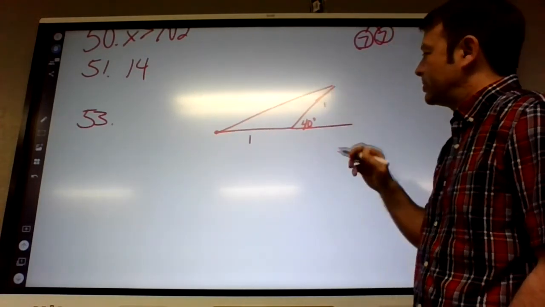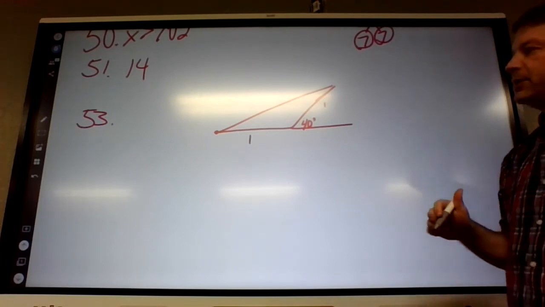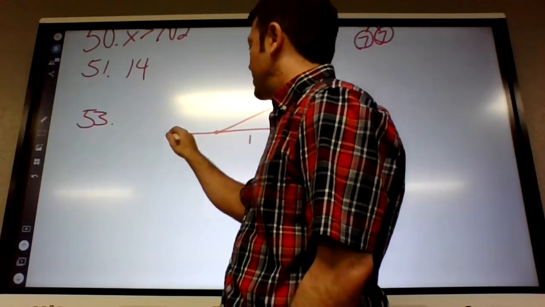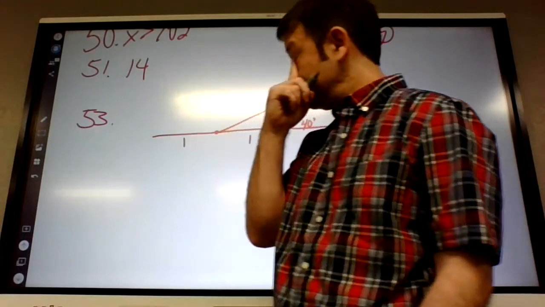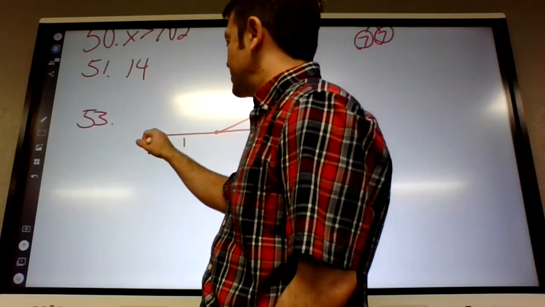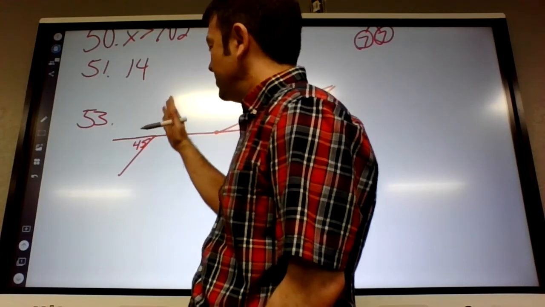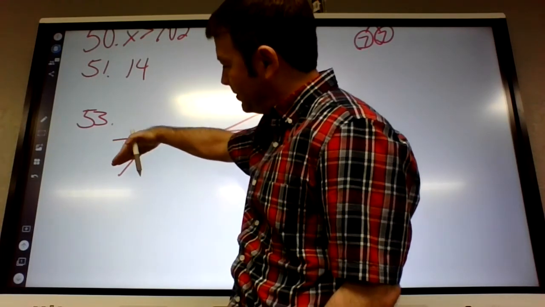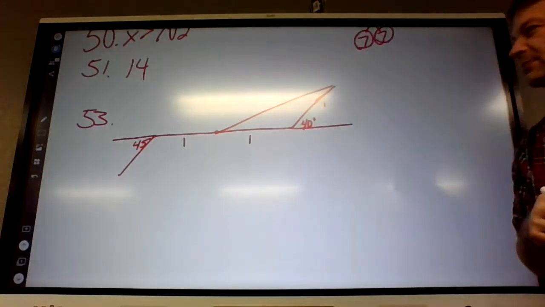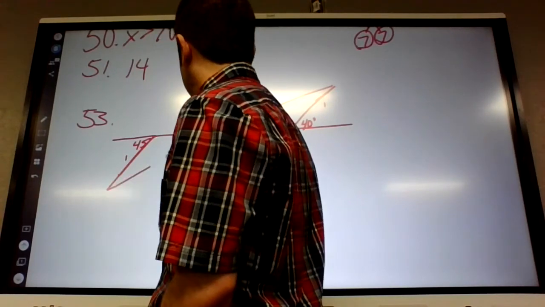So the beeline would look like that. And then the other guys traveled west for a mile. And then they went 45 degrees south of west. So the 45 would be up here, 45 south of west, for 1 mile. So their beeline would look like that.